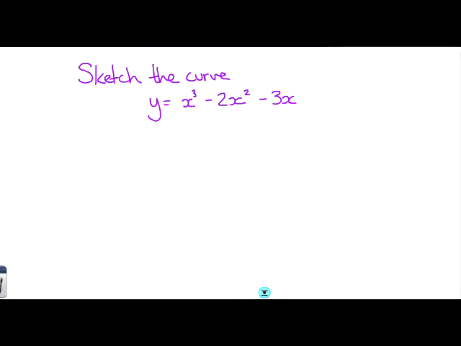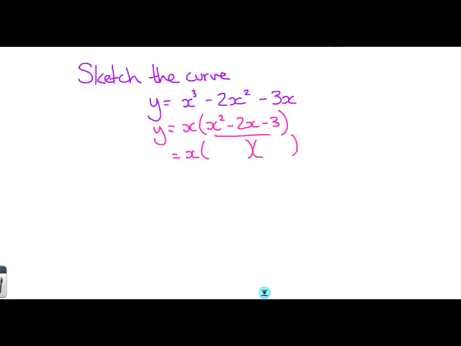Now you'll notice that this one here is not in its factorized form, so that is what we're going to have to do. At this stage we're going to be pretty kind to you, and you're always going to be able to factorize something basic like this. So if we take an x outside, this will give me that. Now when you look at this, you should recognize that you can factorize this pretty easily.